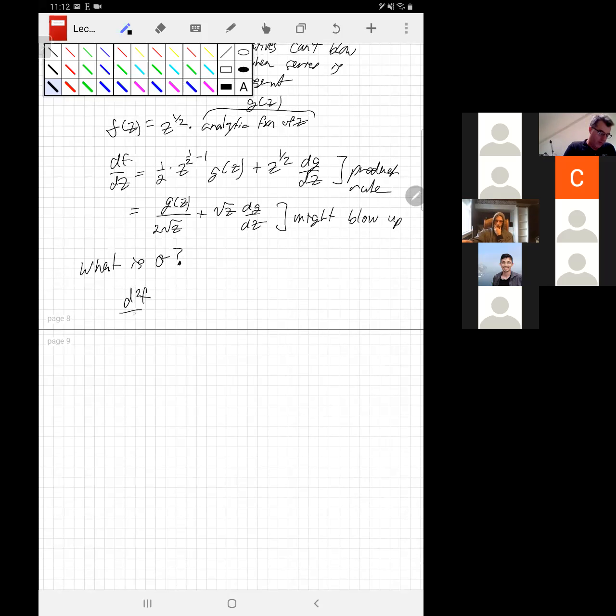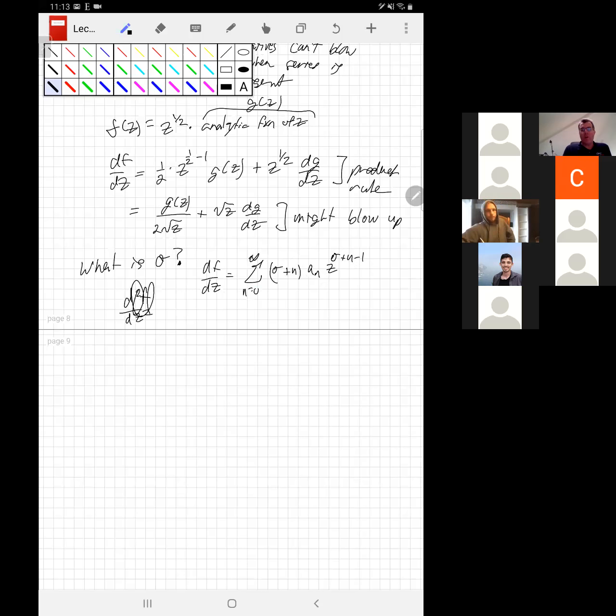All right, so if we take d squared f by dz squared, well, let's do this one step at a time. df by dz is going to be the sum from n equals 0 to infinity of sigma plus n, an z to the sigma plus n minus 1. And you say, why am I putting the sigma back in there?